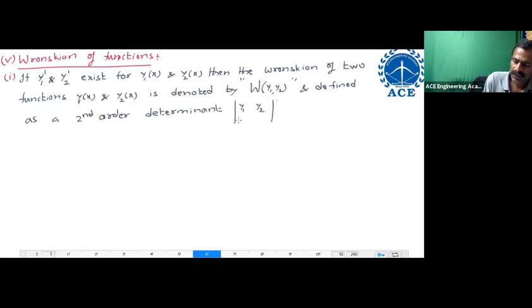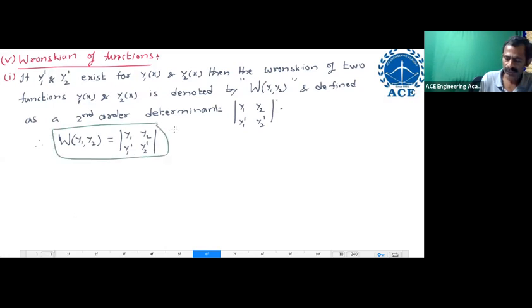Along the second row, the first order derivatives y1 dash, y2 dash. Therefore, W of y1 comma y2 equals the determinant with rows y1, y2 and y1 dash, y2 dash. This is for two functions.